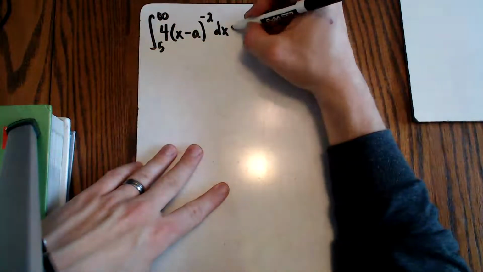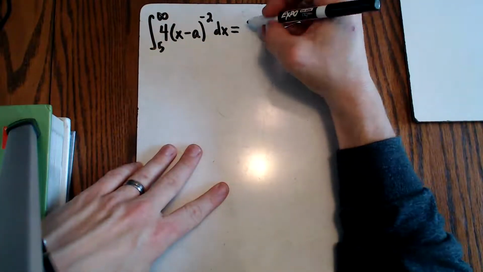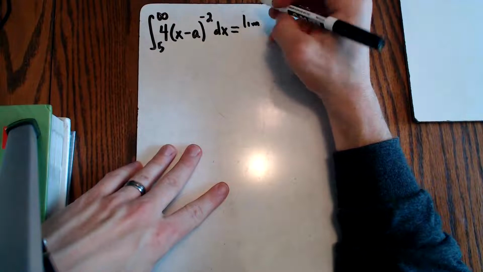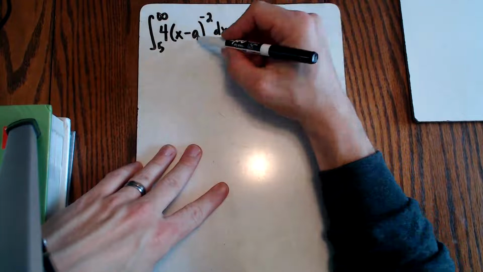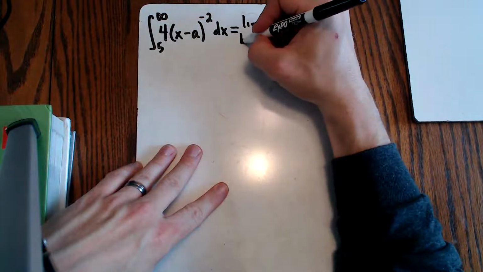Okay, so remember what we have to do. We have to call that instead the limit of a not improper integral. So limit as, normally I use a for my letter, but since a is already in use, I'm going to have to use something like b.